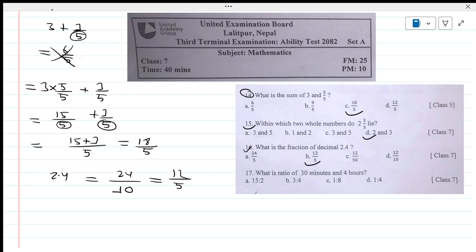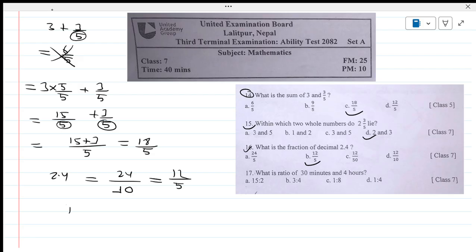And after that we go with number 17. The question is, what is the ratio of 30 minutes and 4 hours? So the units are different, is it? We are asked to find the ratio of 30 minutes and 4 hours. Here we see the units are not the same, so we first have to convert both values into the same unit, either into minutes or into hours. It will be easier to convert hours into minutes, is it?